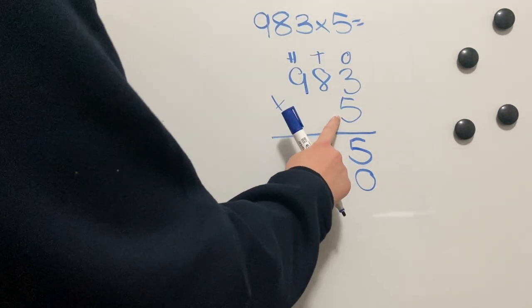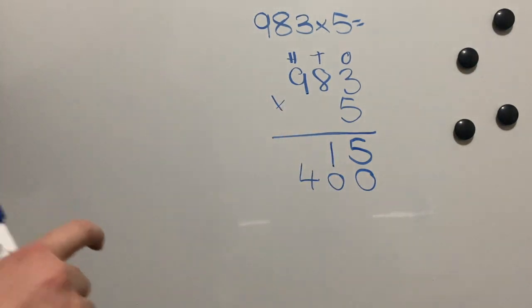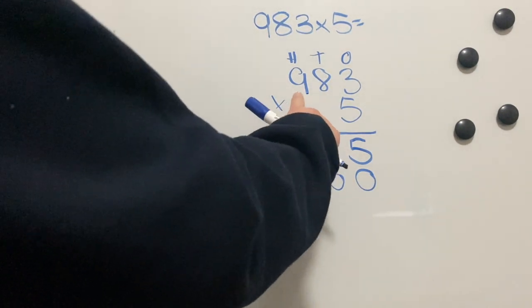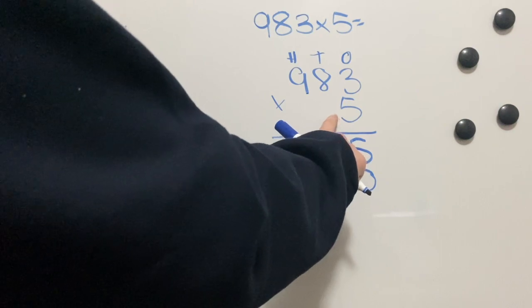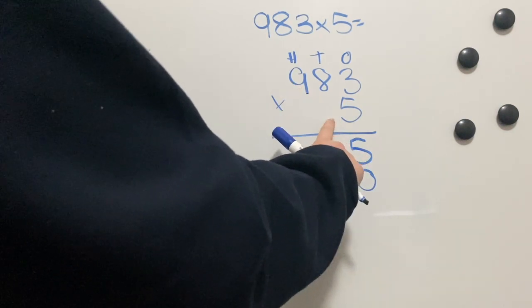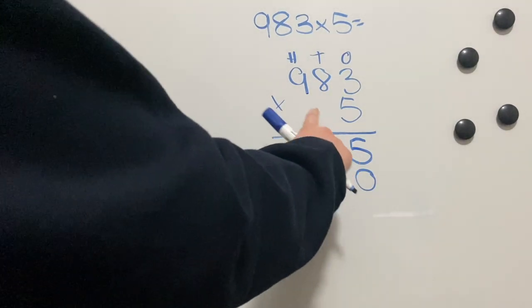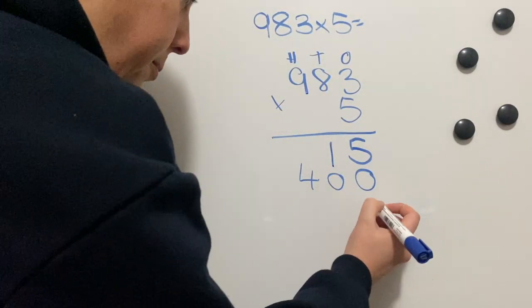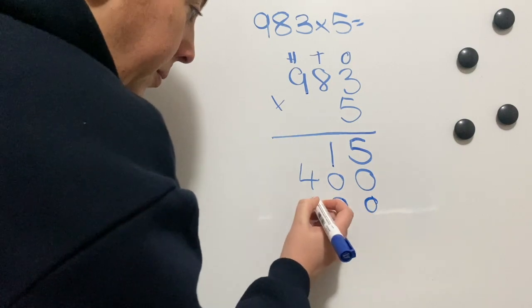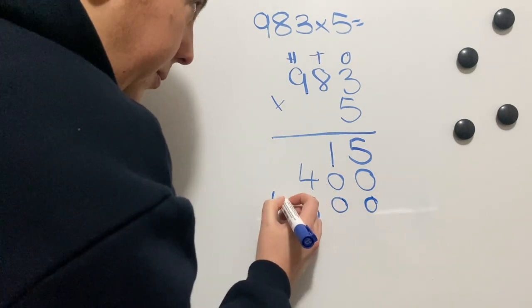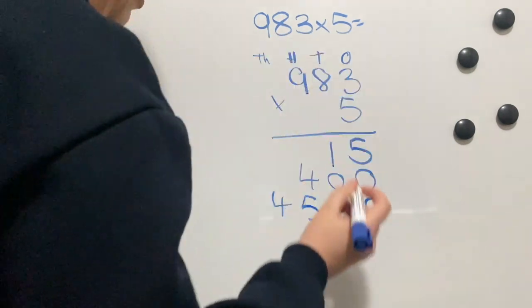My next step is to multiply 5 by the hundreds number, which is 9. It represents 9 hundreds. I can think of it as 5 times 900, or I can think of it as 5 times 9, which is 45, and then make that answer 100 times bigger. Now I have a thousands column.